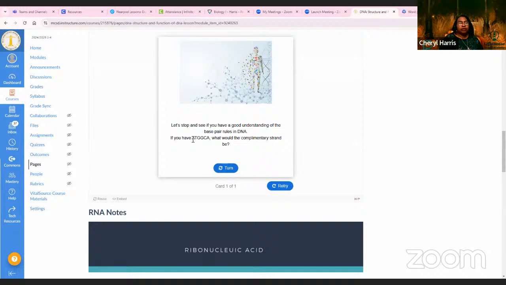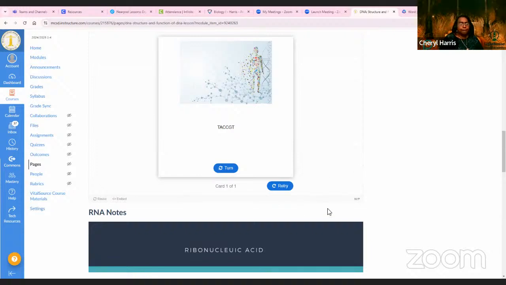So if they give you A, T, G, G, C, A, your job is to remember that every time you see an A, it's going to pair up with a T. And every time you see a T, it's going to pair up with an A. So write that sequence down, A, T, G, G, C, A. And then underneath it, don't write it behind it, write it like they are pairing: T, A, C, C, G, T, because that's how it's going to pair.